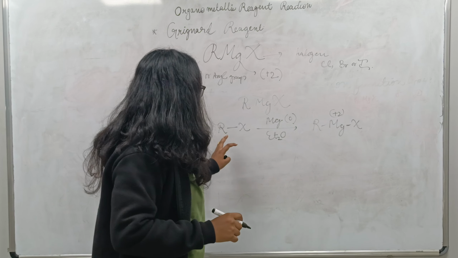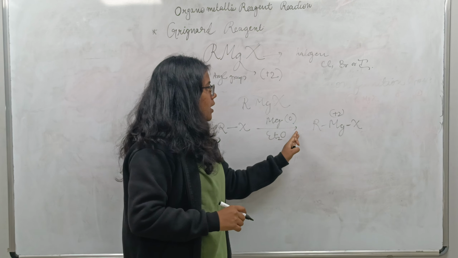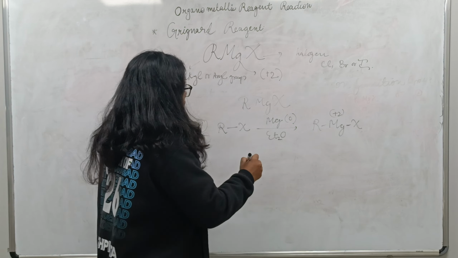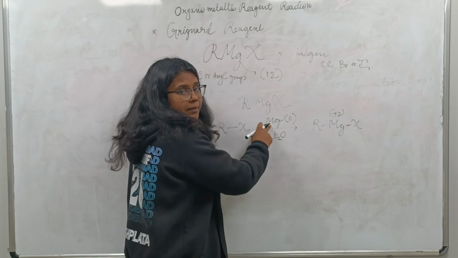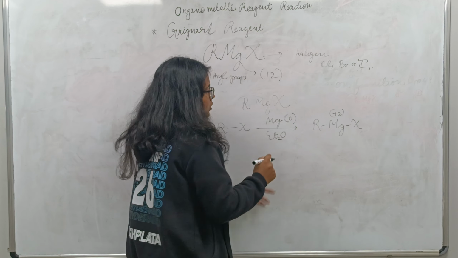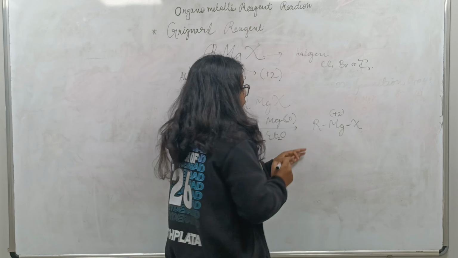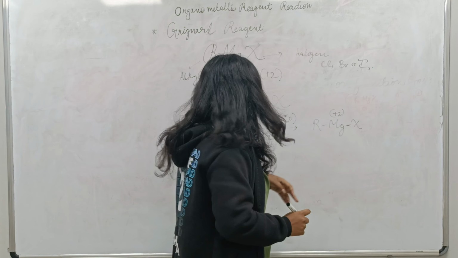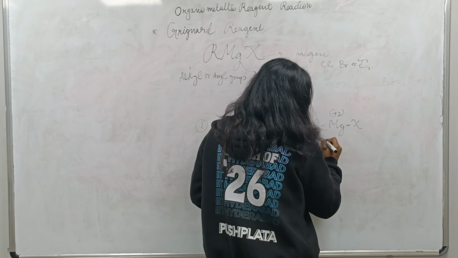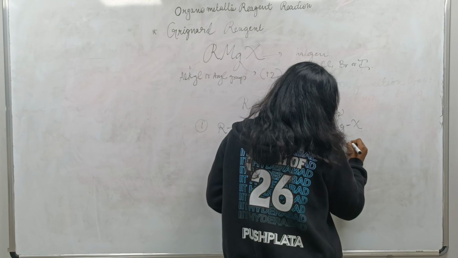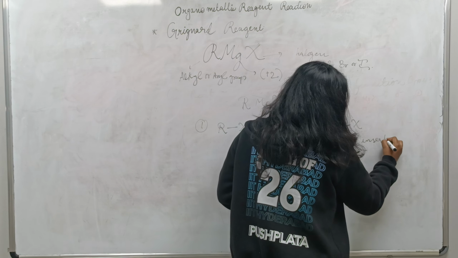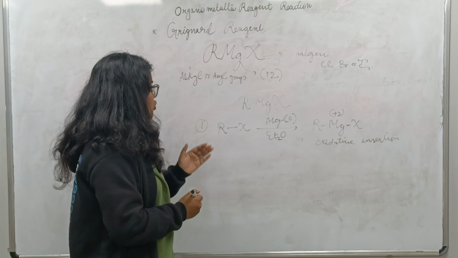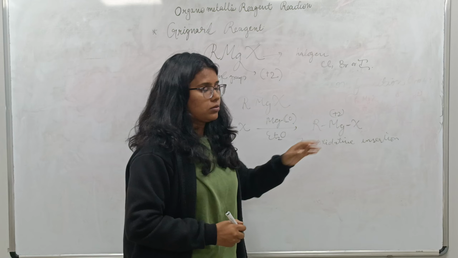In this we have reacted magnesium with oxidation state 0, and after the reaction the magnesium oxidation state increases by 2. So this reaction is known as oxidative insertion. Insertion of what? Magnesium.